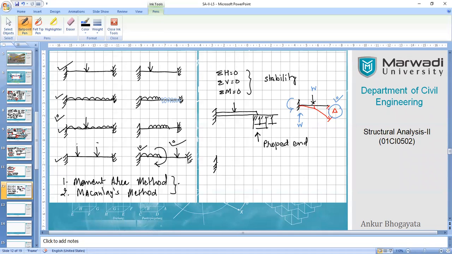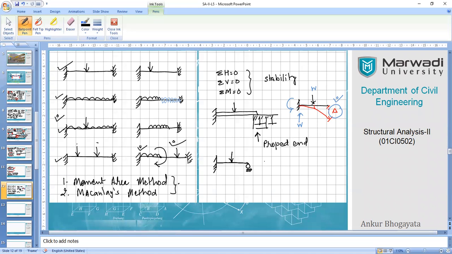Let us say this is your cantilever and again I am using the same force, but I have a roller here. Because of this, earlier you had a large deflection which you could expect at the free end, but now it is not possible because you have a support.